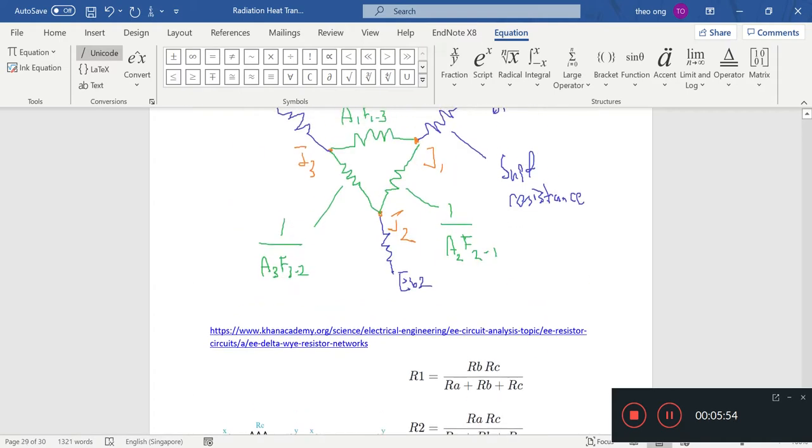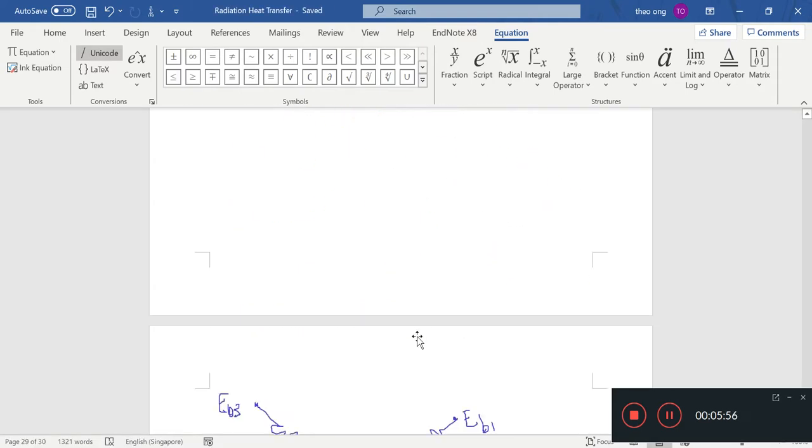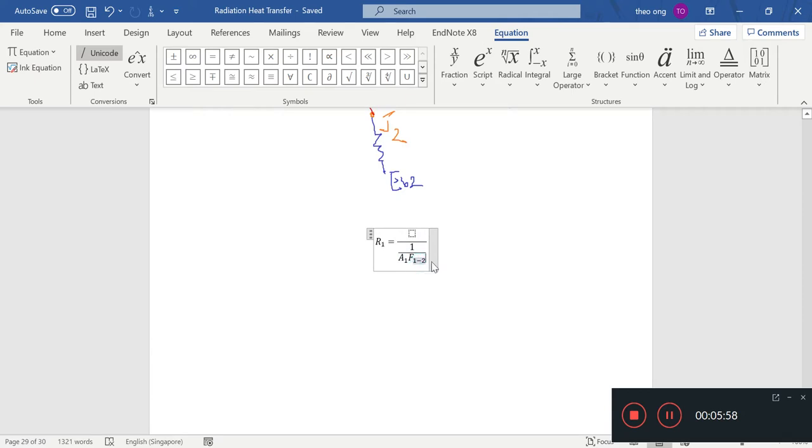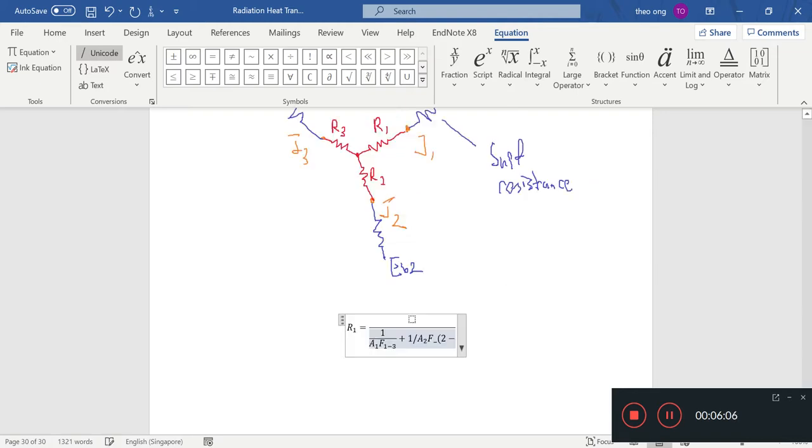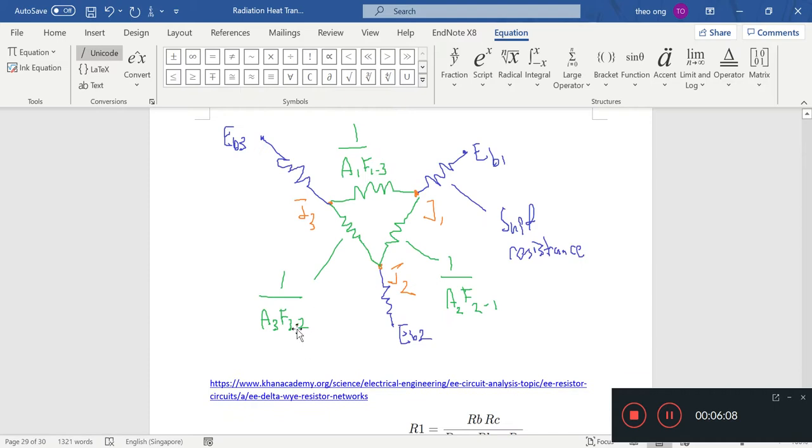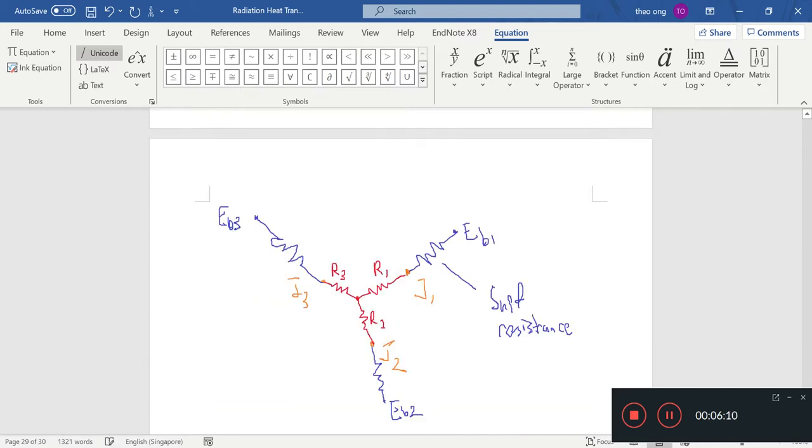Alright, or A1 F1 to 3. I mean, the reciprocity rule does give you a little bit of flexibility. 1 over A2 F2 to, what is it? 2 to 1.